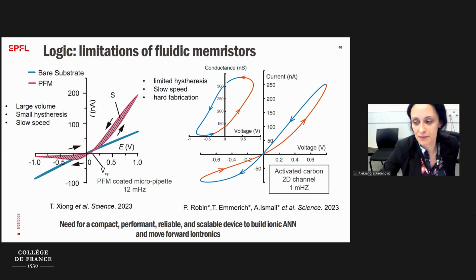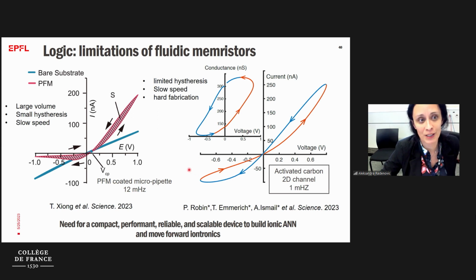This behavior, seen in these activated carbon 2D channel devices, was attributed to asymmetric entrances of the channel and slow interfacial diffusion, resulting in minute-scale cycles of accumulation and depletion of ions inside the channel. With this type of devices, Lydéric's group was able to make this very fundamental breakthrough and to push the field forward.